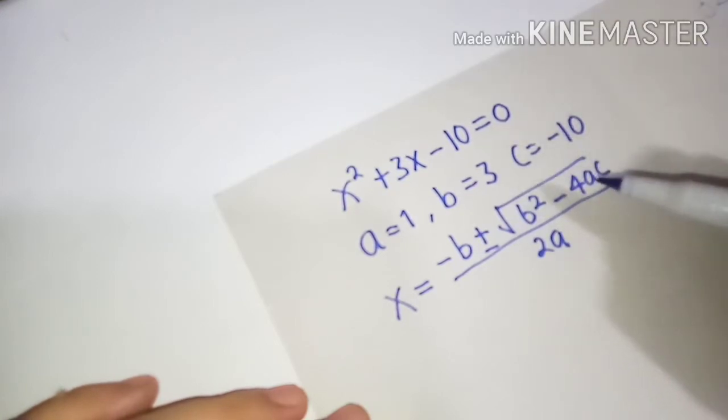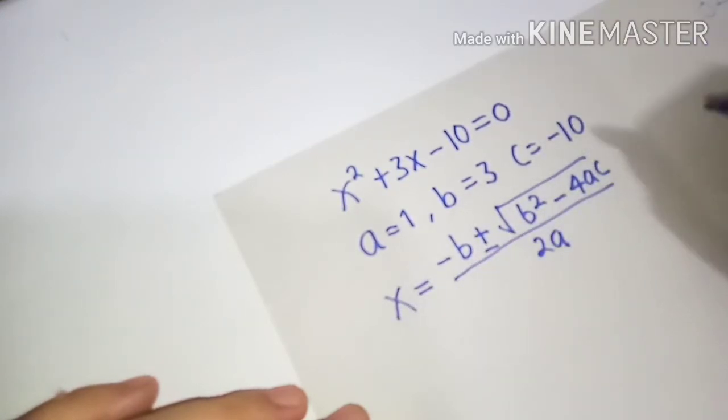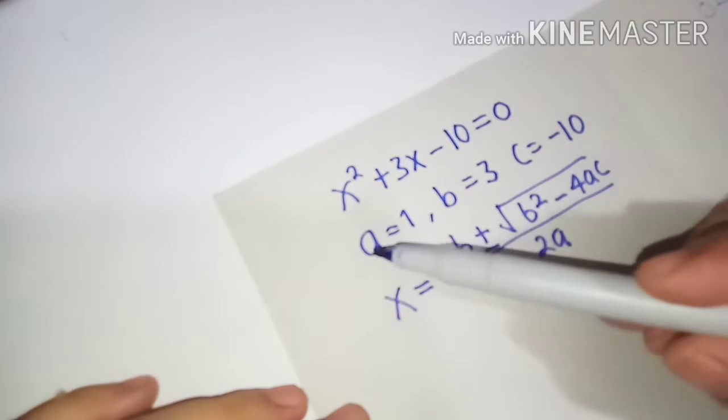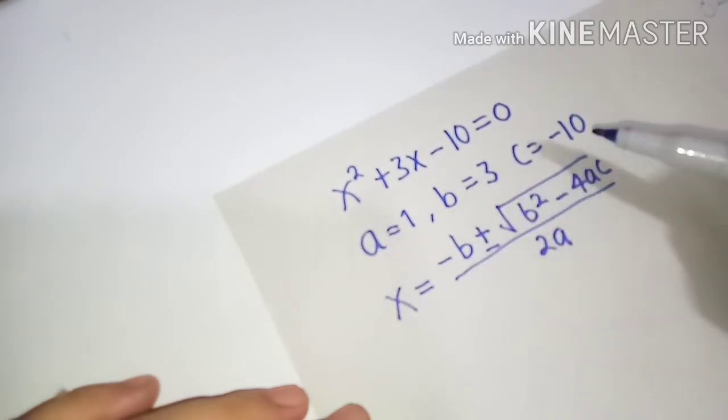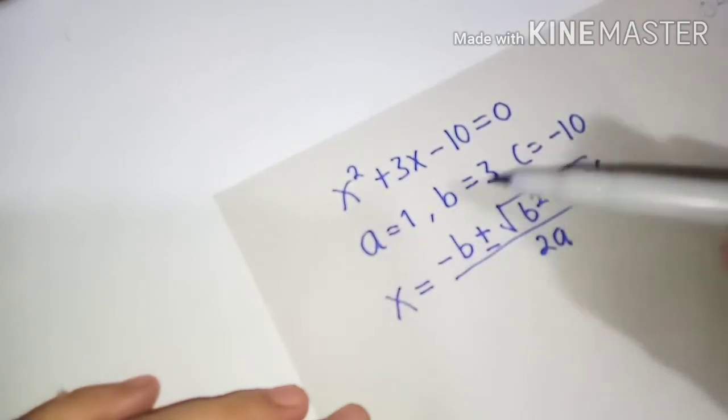Since we already have the quadratic formula, we are going to substitute the values of a, b, and c here in the quadratic formula.